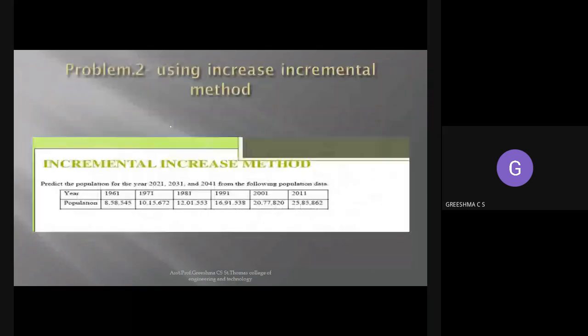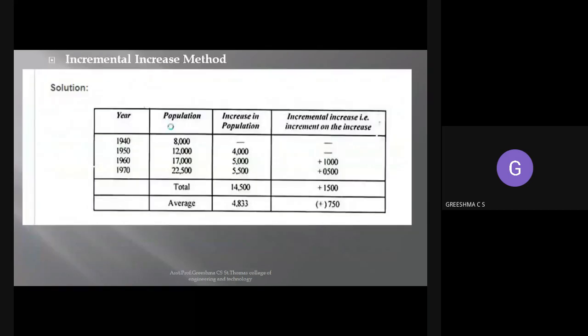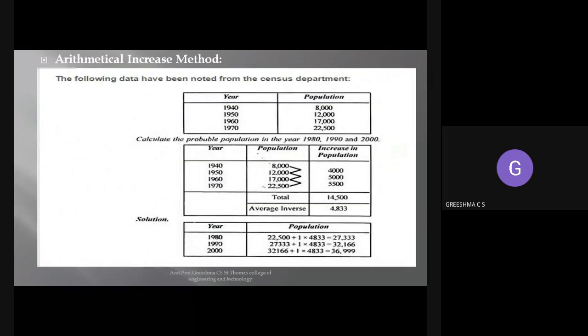With the same problem again: in 1940 the population is 8,000, and for the year 1950 the population is 12,000.